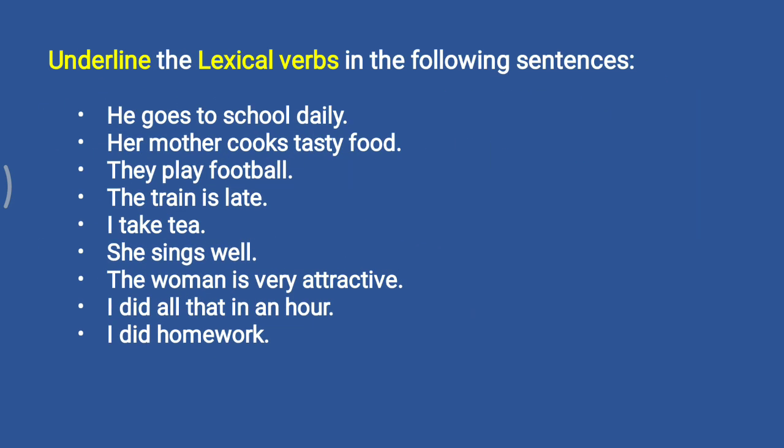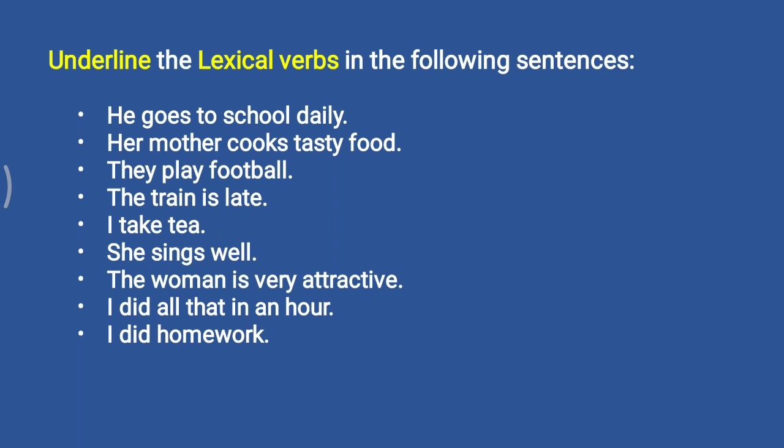So let's do some exercises. Underline the lexical verbs in the following sentences. You have to underline the main verb. He goes to school daily. In this sentence, goes is the main verb because it shows an action. Her mother cooks tasty food. In this sentence, cooks is the lexical verb.